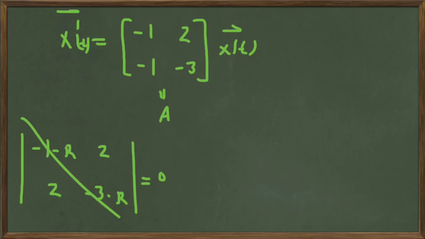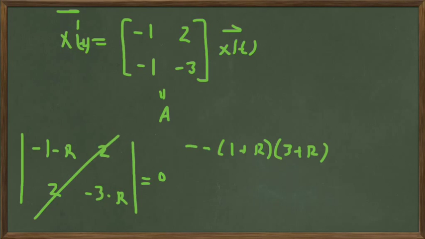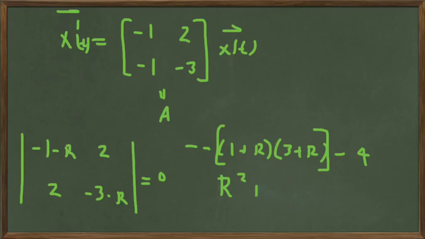Remember, this direction is positive, so instead of writing minus 1 minus R, let's write the negative of 1 plus R. Instead of writing minus 3 minus R, let's write 3 plus R with another negative. And then remember, this direction is negative, so we are subtracting 4. So what's here is R squared plus 4R plus 3.